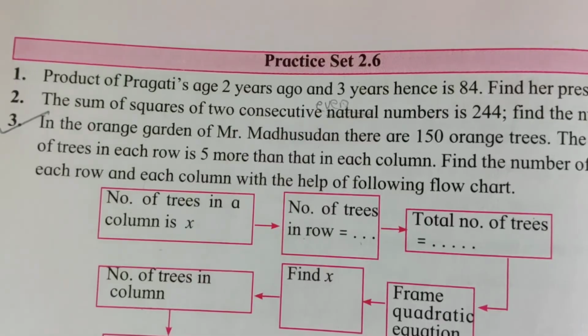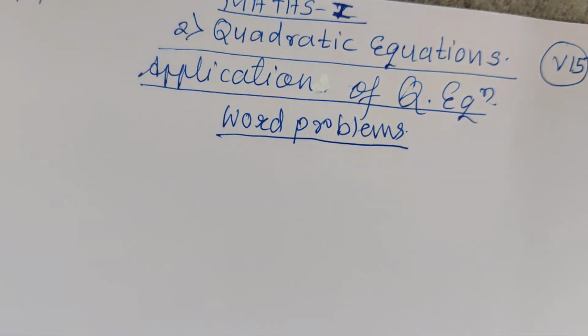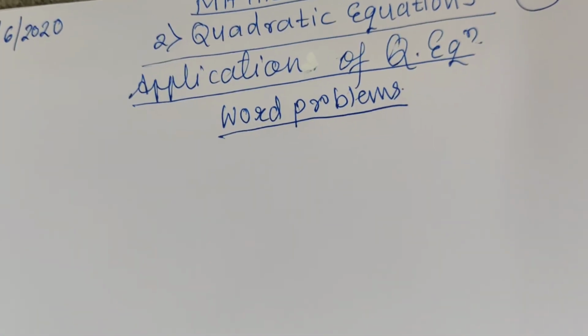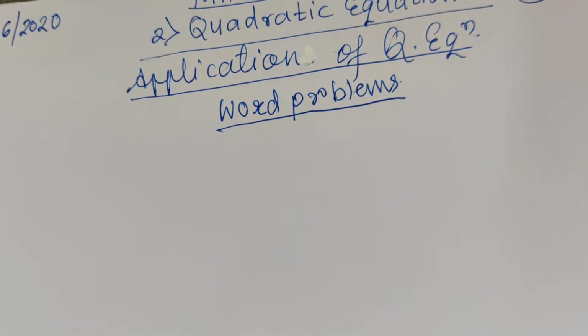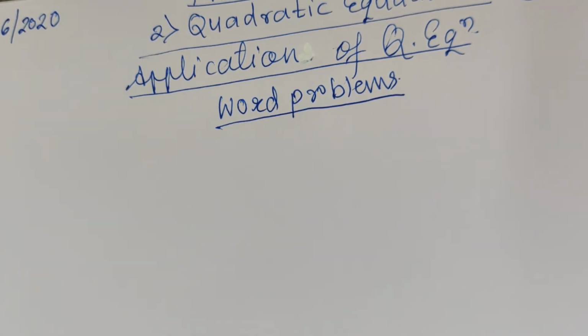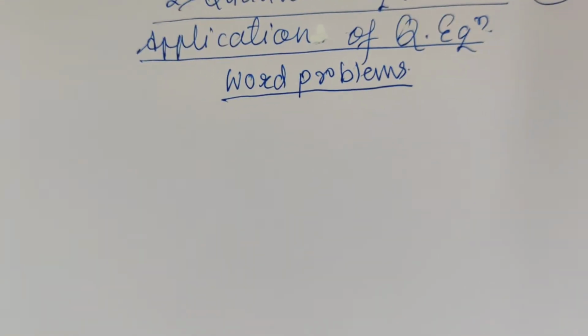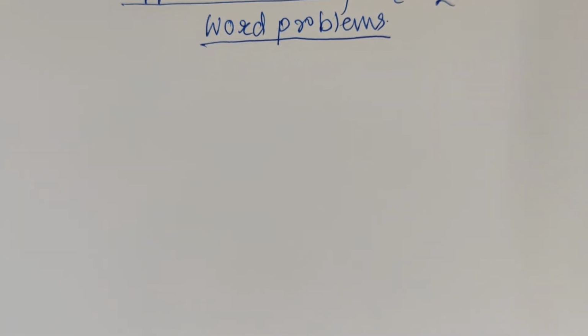And now we will solve it. So see what is given. Keep the textbook open in front of you. I am not writing the problem here, so the example should be in front of you. Now see what is given. The product of Pragati's age 2 years ago and 3 years hence is 84.